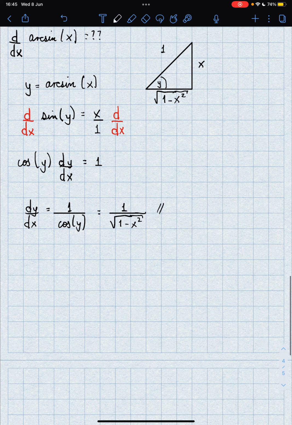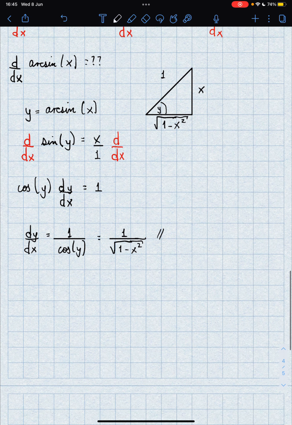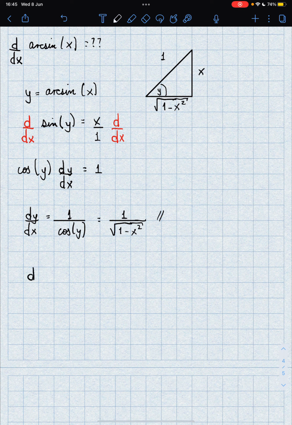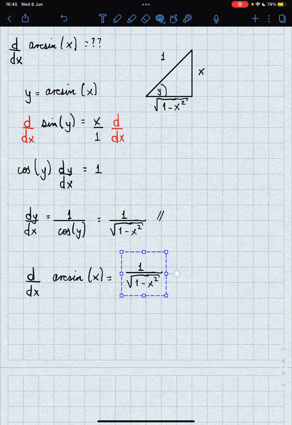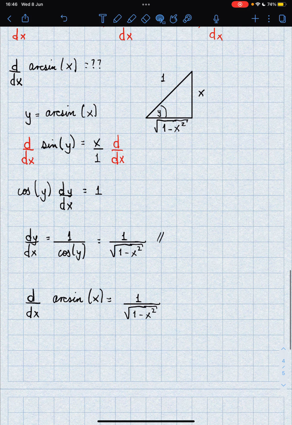And this is how you solve it. So, just so you know, the derivative with respect to x of arcsine of x is this expression. In this case, you don't have to memorize the derivative. Now, let's go with the other one.